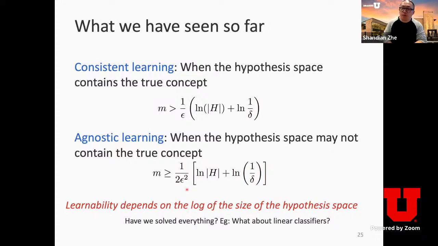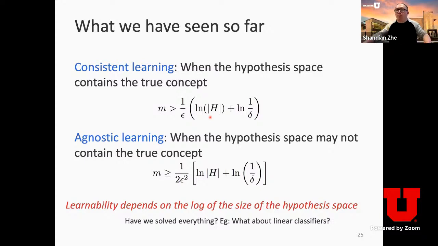But here there is an important issue. All that we have discussed so far assumes that your hypothesis space is finite. This is actually oversimplified. It is even a stronger assumption than the consistent learning setting. Why?